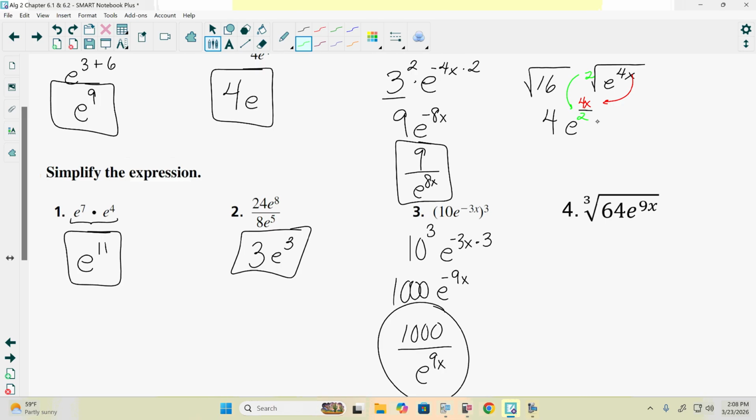So really the square root of e to the 4x is the same as saying e to the 4x divided by 2. Well, 4 over 2 is 2. So it's really e to the 2x.